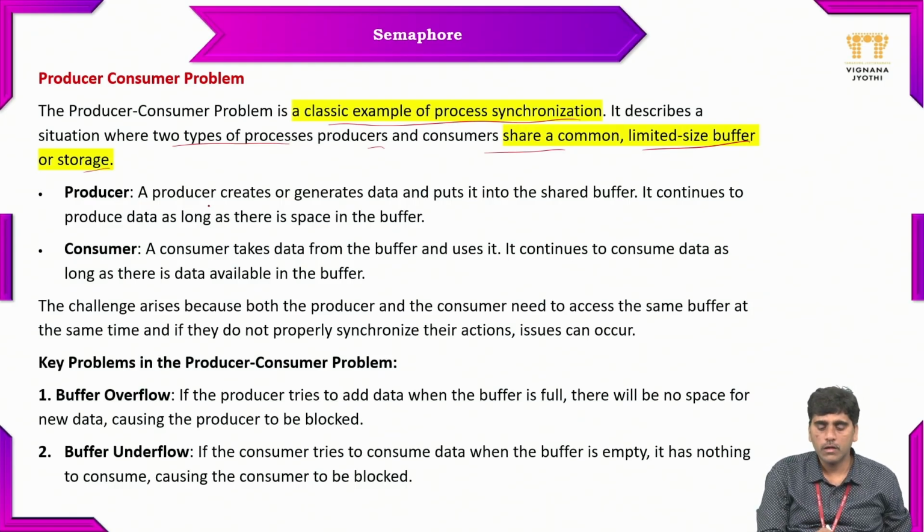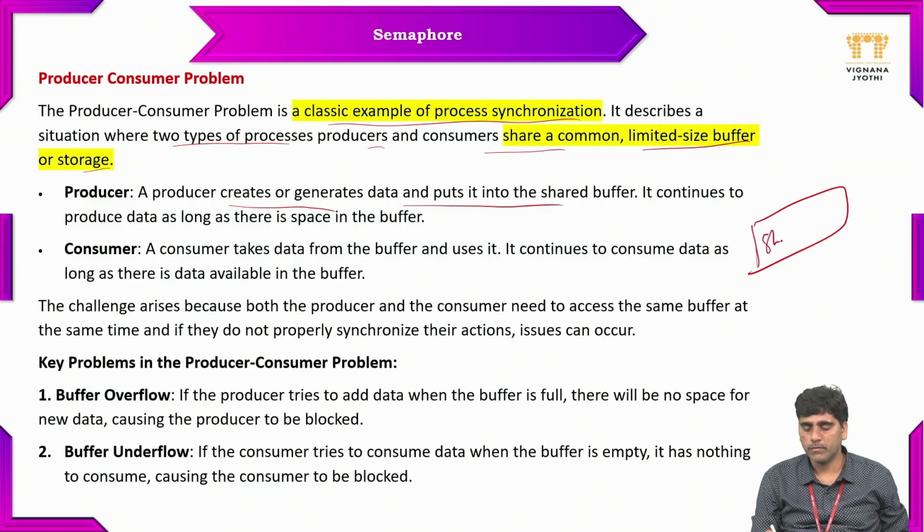A producer creates or generates data and puts it into the shared buffer. So this is the shared buffer. Here the producer is available, and here the consumer is available. The producer always wants to produce something and the consumer always wants to consume something. They must ensure that the shared buffer does not overflow and is not empty.